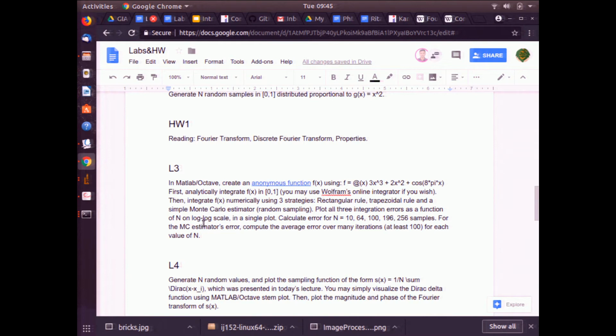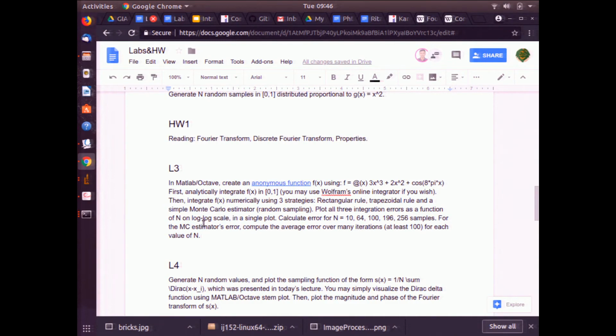I asked you also to use Monte Carlo, which is just uniformly random samples, the first strategy that we came up with, and calculate error and plot those slopes. So we want to compare these three strategies for the convergence rate, right? And we'll see which one looks good.